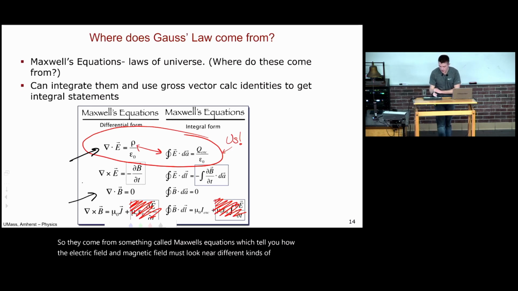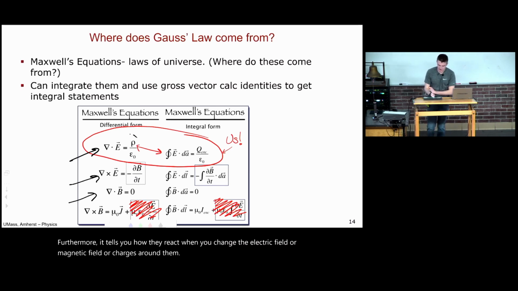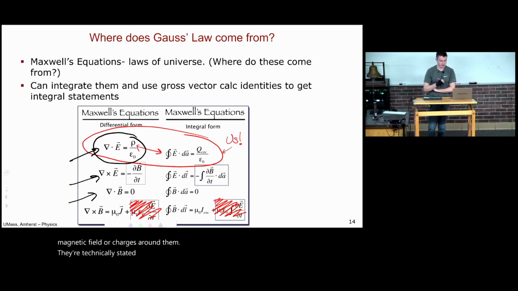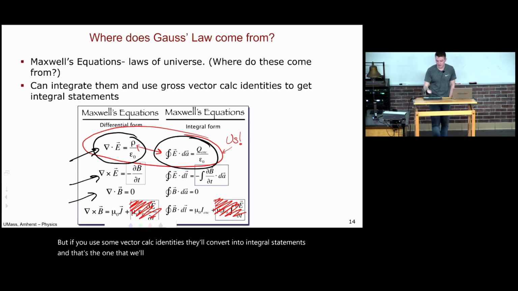Furthermore, it tells you how they react when you change the electric field or magnetic field or charges around them. They're technically stated as derivative statements, such as divergences and curls. We won't be using those. But if you use some vector calc identities, they'll convert into integral statements. And that's the one that we'll be using in this class. This is a hidden way to say flux.